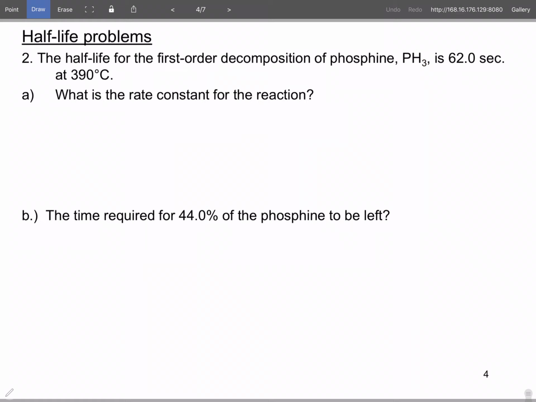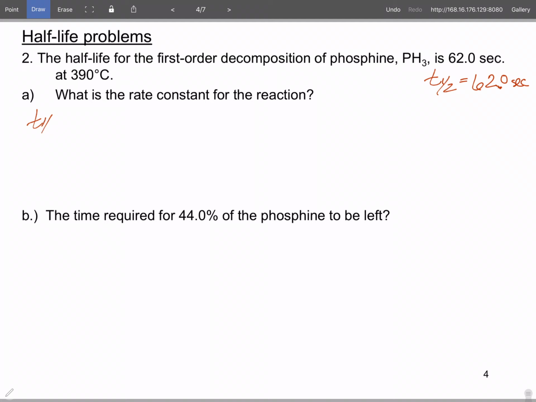All right, let's look at another one. This is a half-life. So in this particular case, we are actually given the half-life, not the rate constant, and we're asked for what the rate constant is.